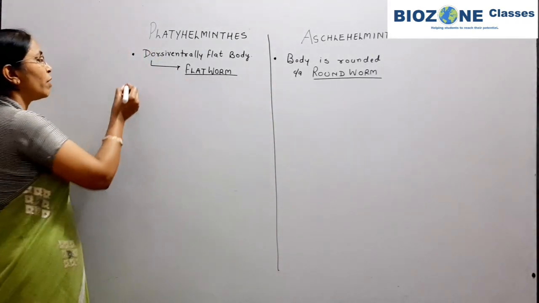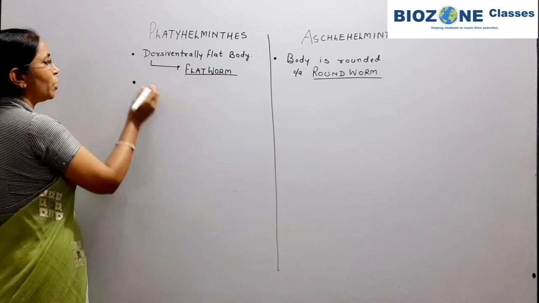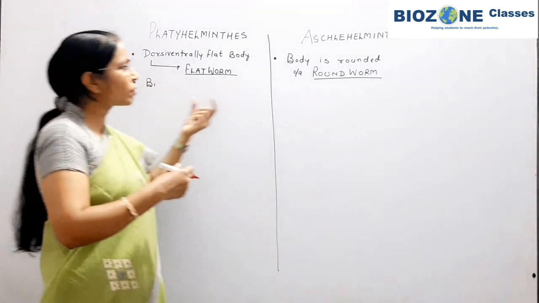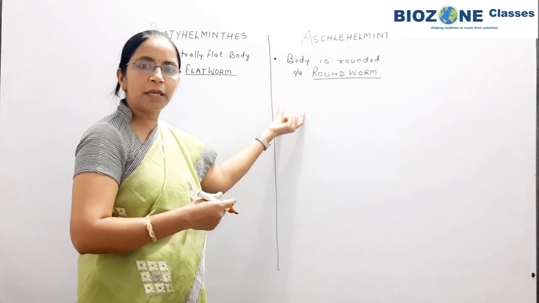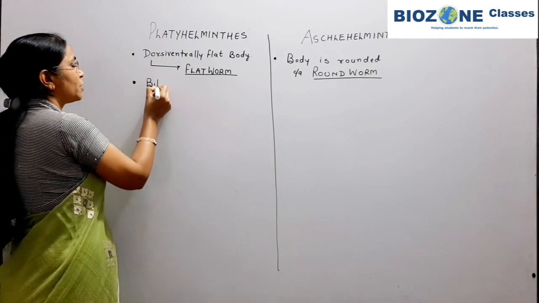Now we come to the Platyhelminthes symmetry. As we already studied in the first lecture of the animal kingdom, Platyhelminthes are the first triploblastic animals and show bilateral symmetry.